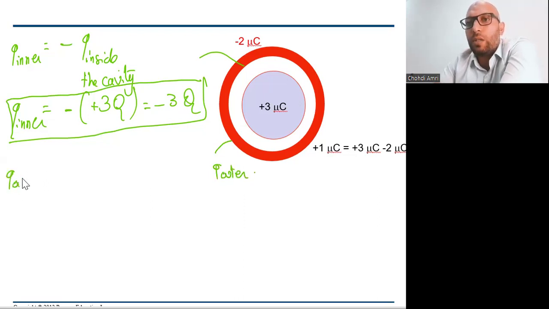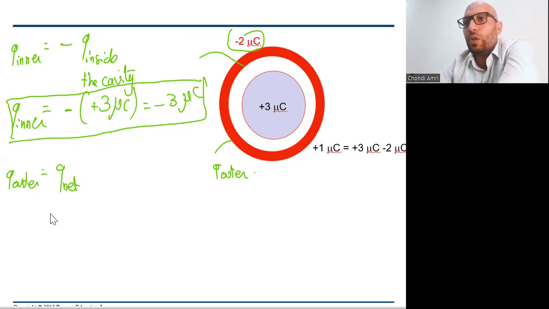Let's take now Q outer. Q outer is Q net, the net charge, which is minus 2 microcoulomb. Here he said 3 microcoulomb, not Q. The formula says Q net minus Q inner.